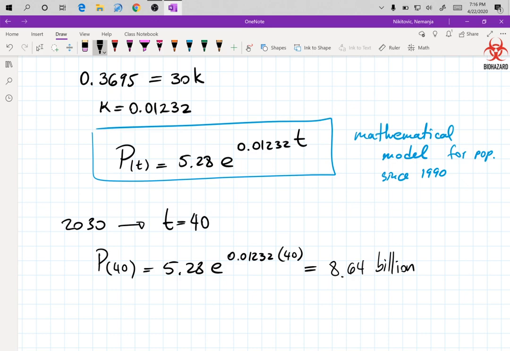So we are expecting the population to jump from the current population, that is 7.64, to 8.64. So we should add 1 billion people to the population of the planet in the next 10 years, at the exponential rate at which we are growing population right now.